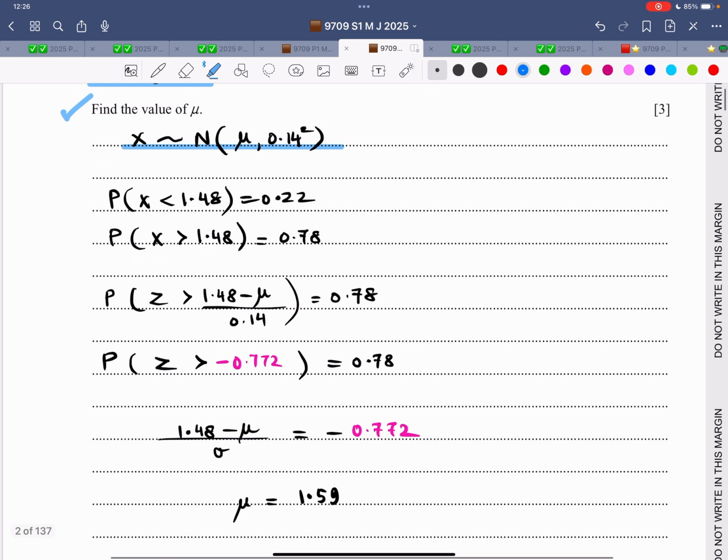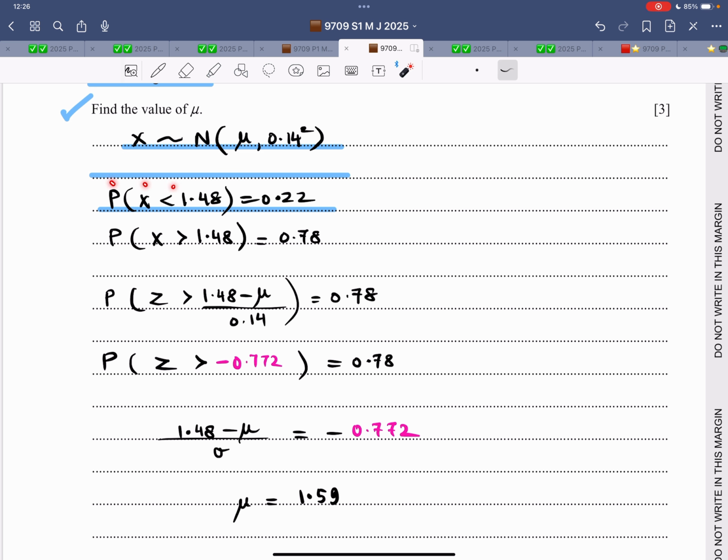Now, first of all, you have to write whatever is given in that particular sentence like this. So now you are writing probability x lesser than 1.48 is 0.22. 0.22 is 22%. 100 minus 22, that is 78%. Make sure when you do the back solving, what do I mean by back solving?